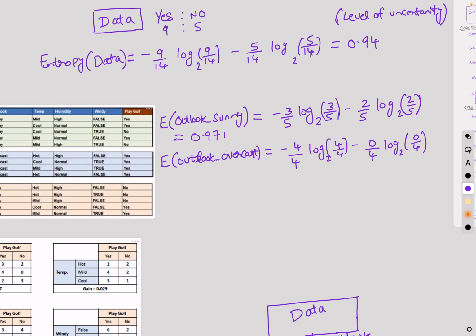This will be equal to minus log 1 minus 0, which is exactly equal to 0. Log 1 is 0.